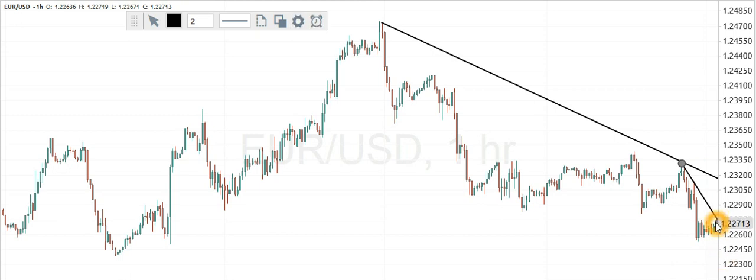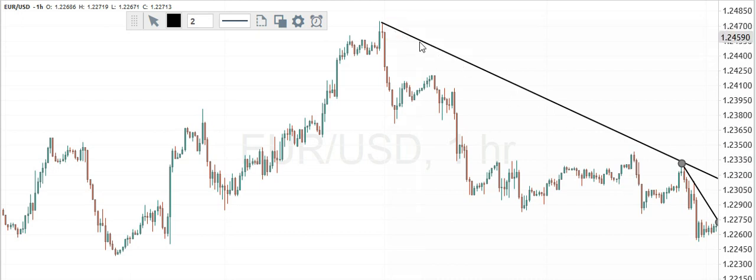Notice that when I draw the trend lines, I do not draw them through any candle. So this will have two trend lines. This would be my inner trend line and this will be my outer trend line.